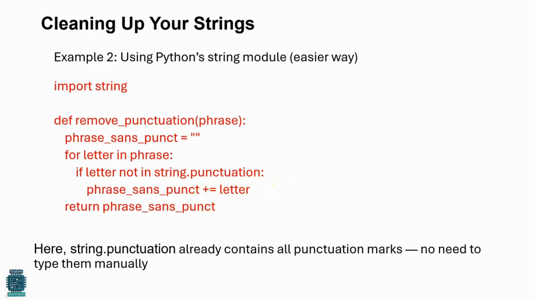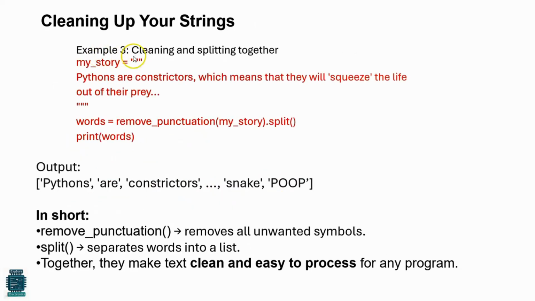Very clear? Let us see one more example, which is cleaning and splitting together. Cleaning means we are removing all the punctuations, and splitting means whatever sentence I have, we are splitting that into words. These two are together in one example.